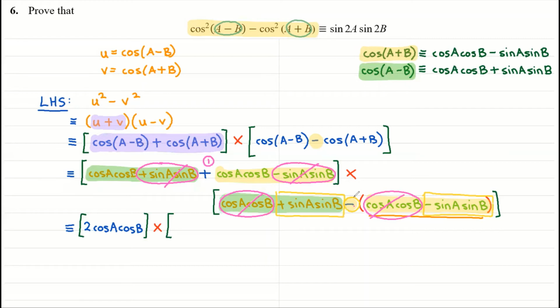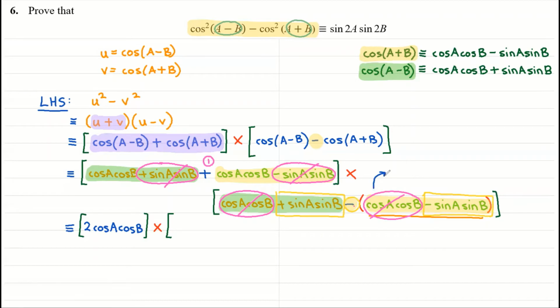I hope I'm not confusing you with all the colors. So simply check in your own working that you agree with that. Okay, you could put an extra step in if you like as well. In fact, why don't I do that just to make absolutely clear what's going on?